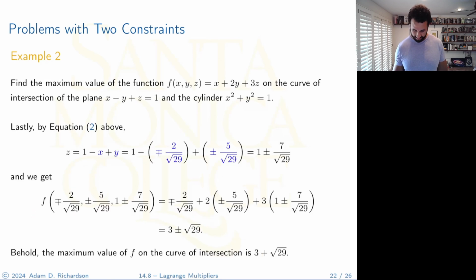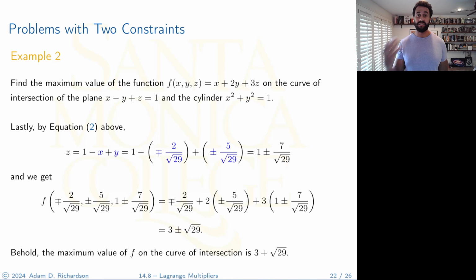So z is equal to this, substituting what we already had for x and y. When you simplify this, you get that z is equal to 1 plus or minus 7 over root 29.